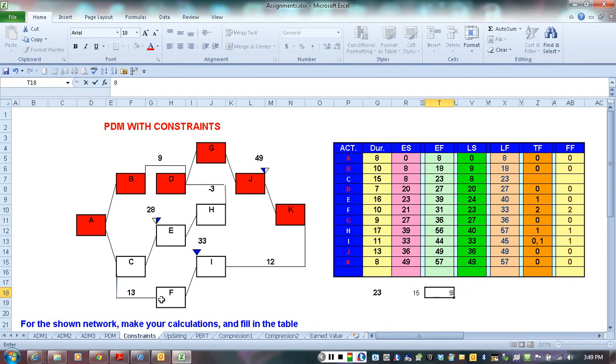And from F it would be again 33 and 23. 23 minus 13, it would be 10. So we have 10 coming from F, and we have 9 coming from E, therefore it's going to be 9.